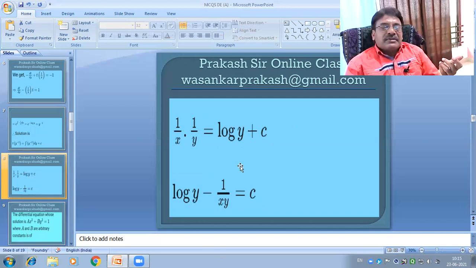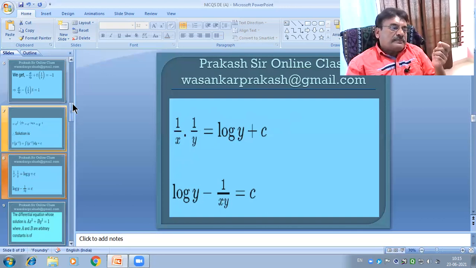Therefore, this can again be written as log y, which is equal to 1 into 1 by x into y, that is, minus 1 by xy is equal to c. Therefore, here the solution of the given differential equation is log y minus 1 by xy is equal to c.